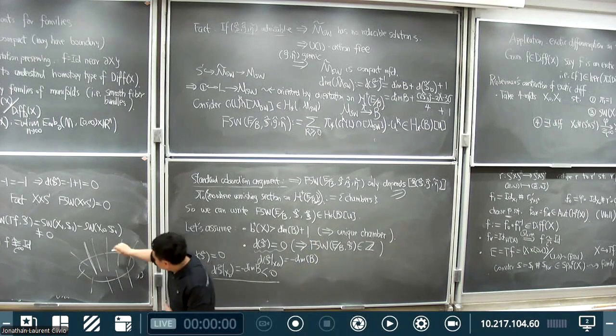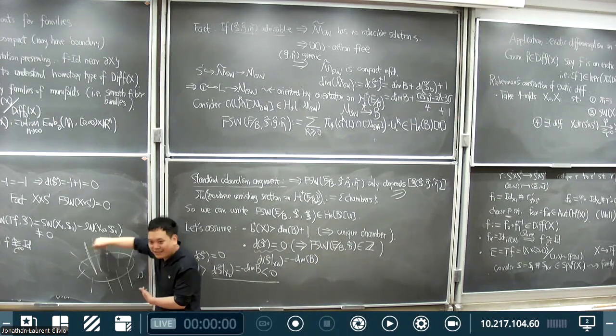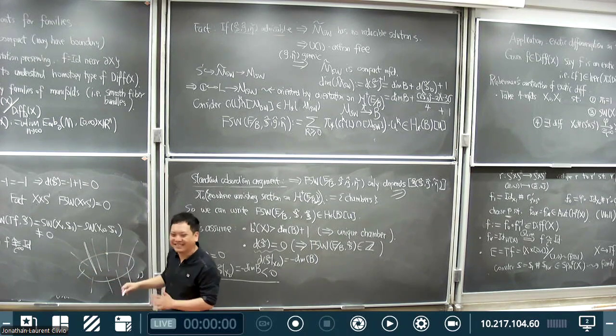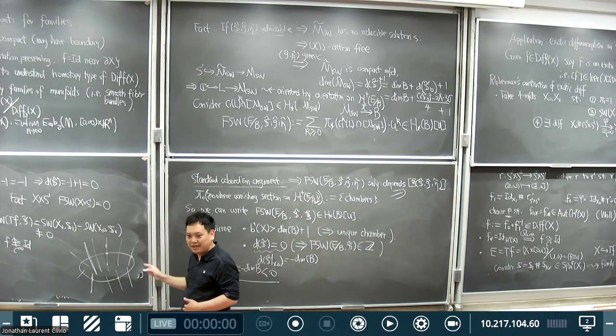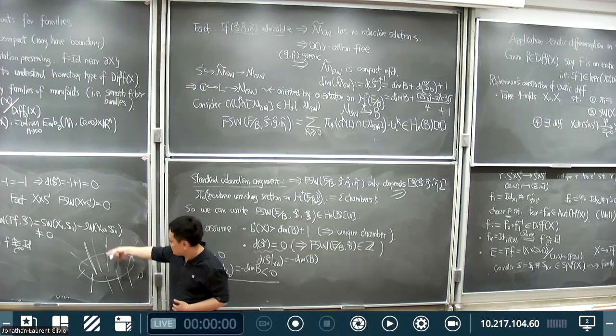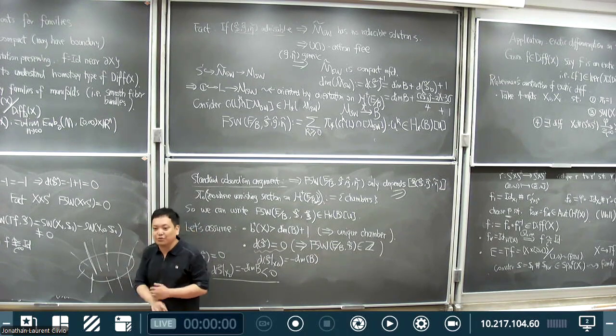But here we are thinking about a whole family. So on finitely many fibers, there are some solutions that come out. And this family Seiberg-Witten invariant is actually just counting these solutions.